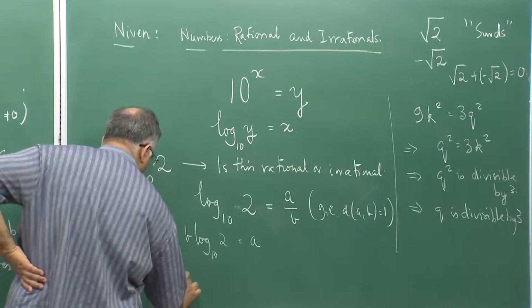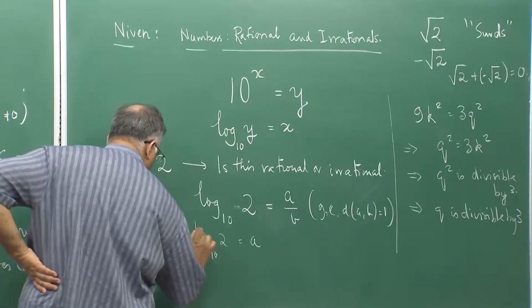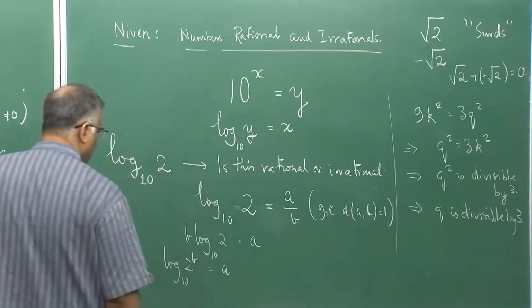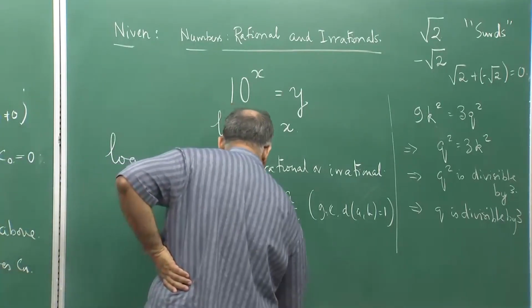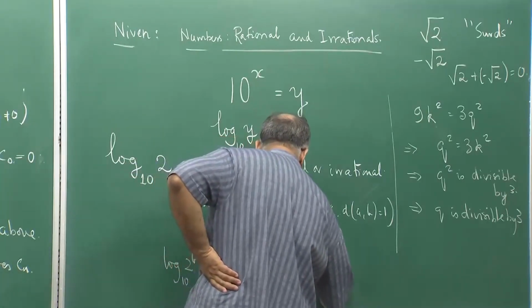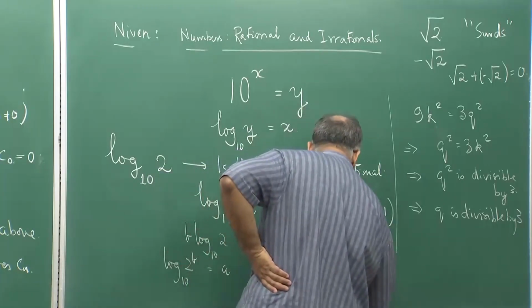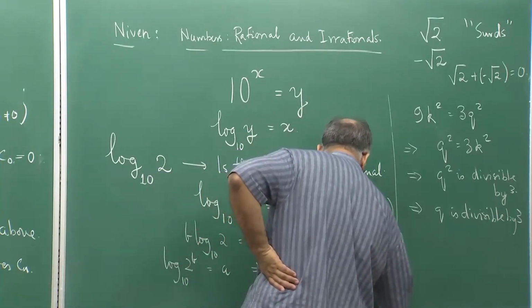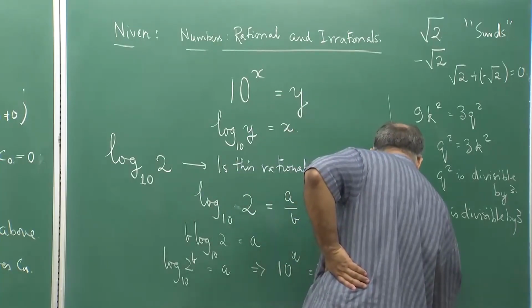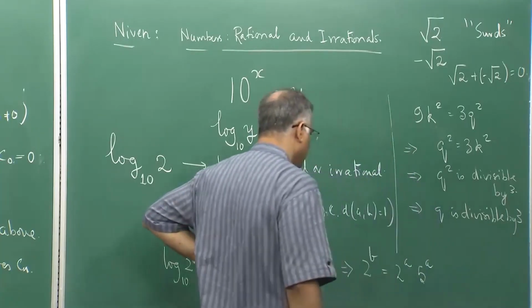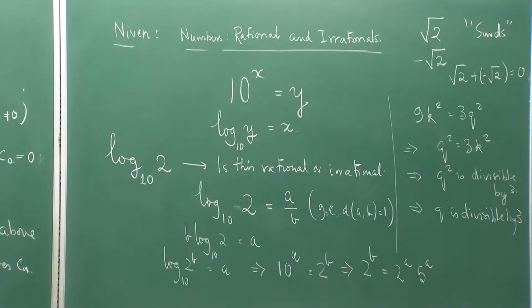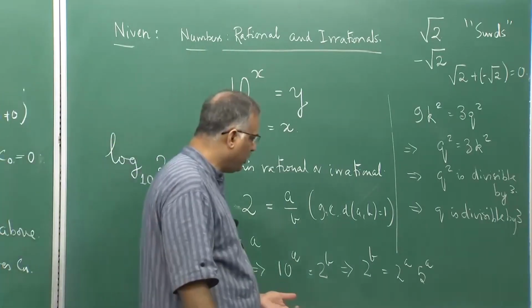So, it means log 10 of 2 is A by B, which simply means B times log 10 of 2 is A, and that simply means 10 to the power A is 2 to the power B, and hence it implies that 2 to the power B is 2 to the power A into 5 to the power A. So, 2 to the power B is some number.